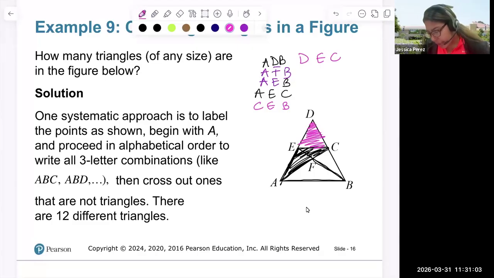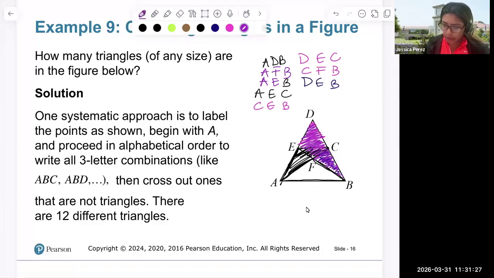We can also have CFB, but then also this DEB, which is the bigger one, which is this one.